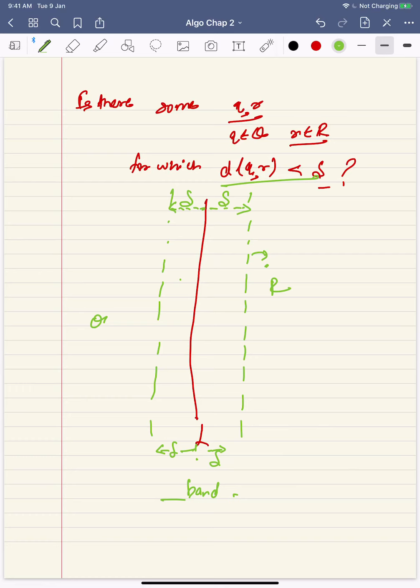But it does not help you much. It may happen that all the n by 2 points are in this band. Then you again have to do n square comparisons, and it does not save much.